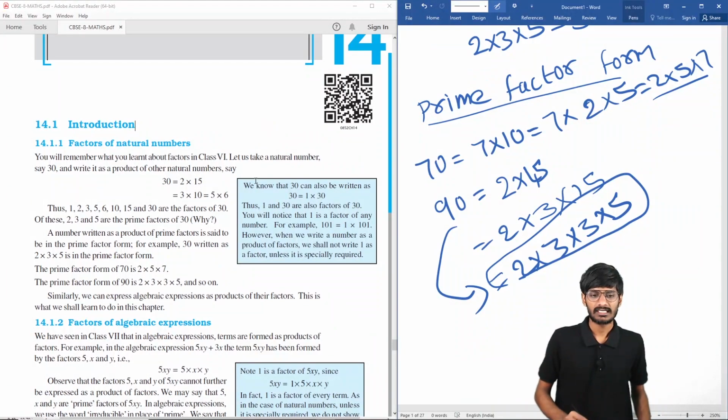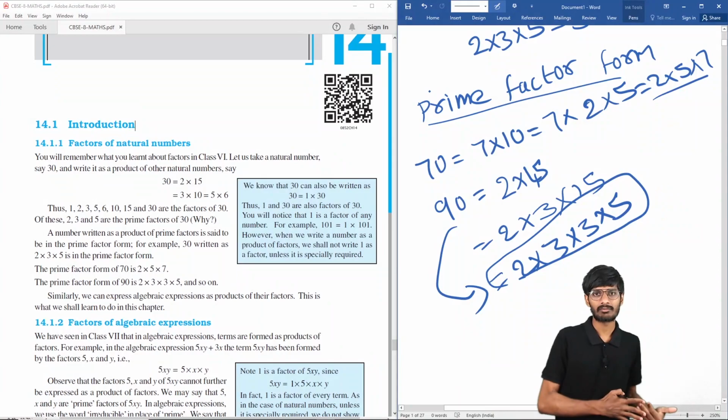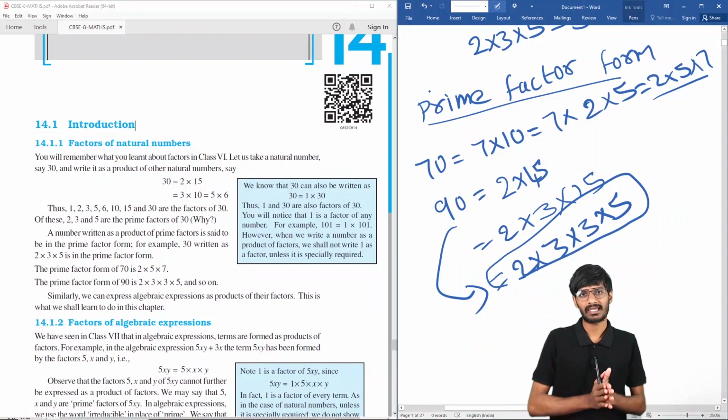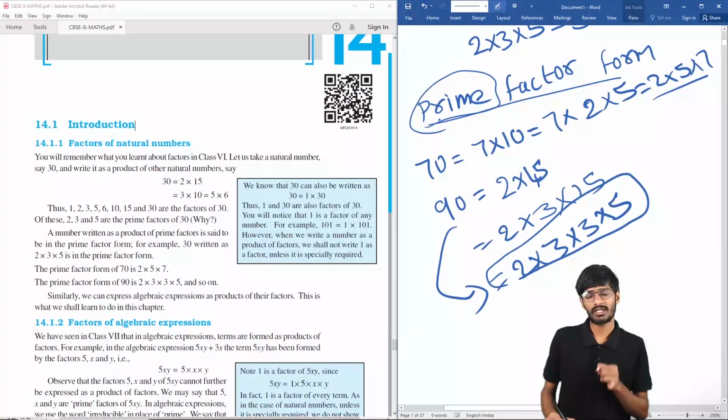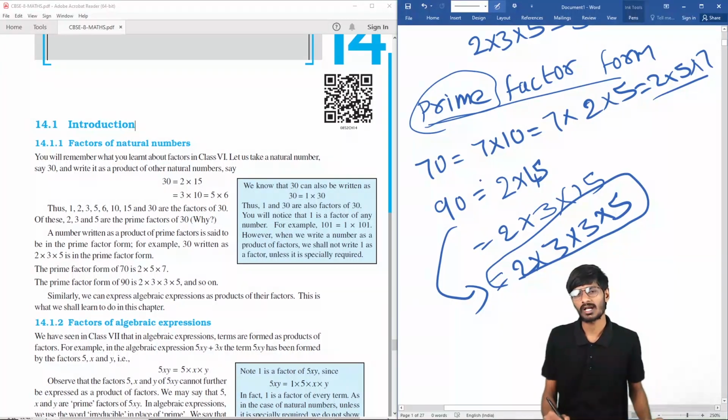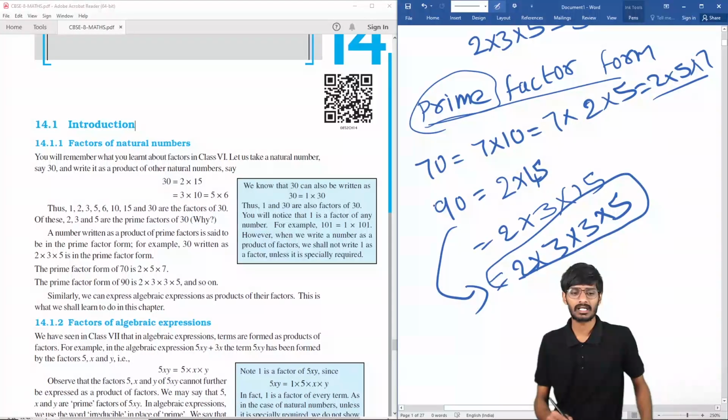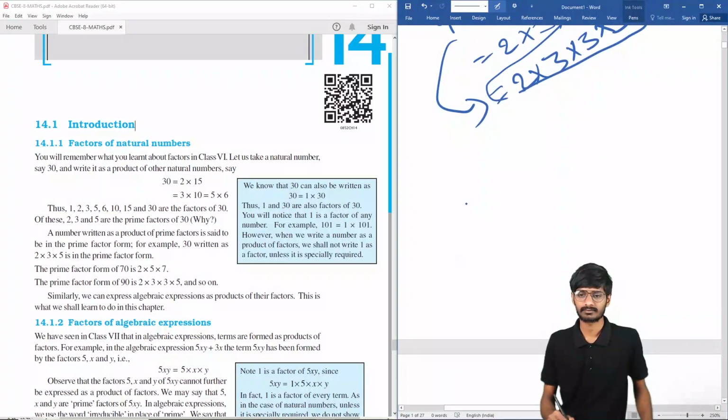Students, this is in the case of natural numbers. Similar to natural numbers, in the case of algebraic expressions, we are going to find the factors. There we get a name called irreducible factors. What are those irreducible factors?